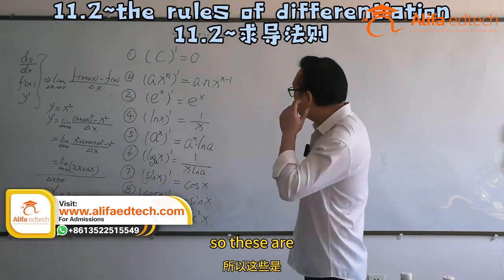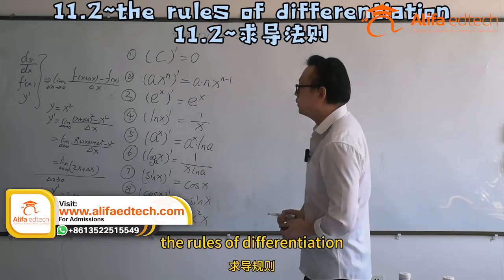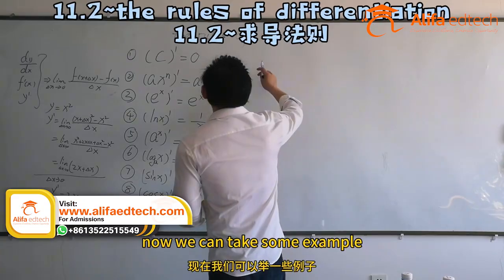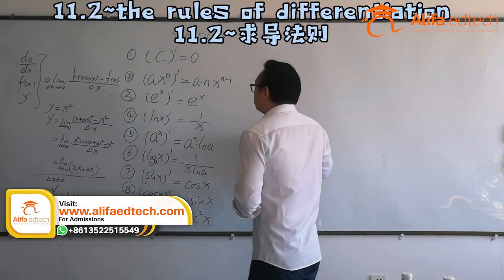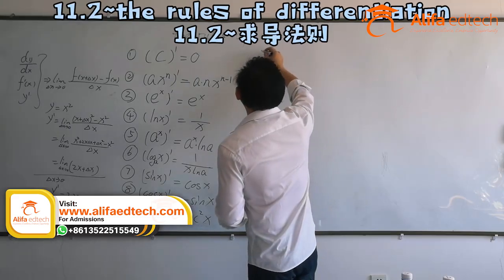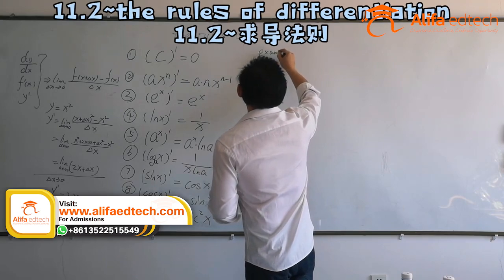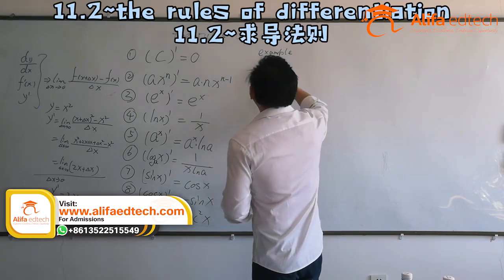So these are the rules of differentiation. Now we can take some examples to practice. 1.